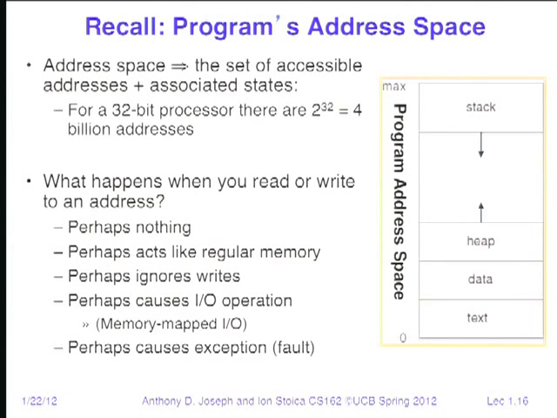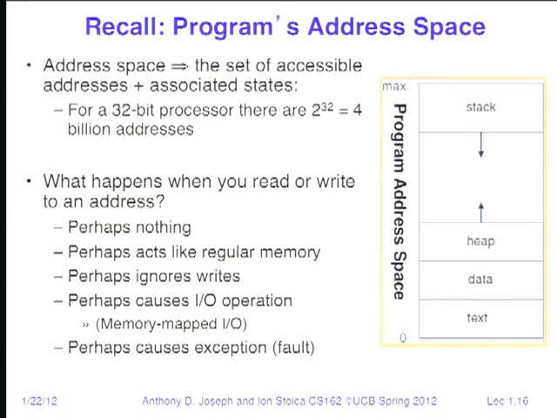Now recall that an address space consists of all of the addressable locations associated with a process. For a 32-bit processor, this max value here will be 2 to the 32nd, or 4 billion possible addresses. And what's going to happen when we actually write to a location? Nothing might happen. If we write to some unmapped region, nothing may happen.